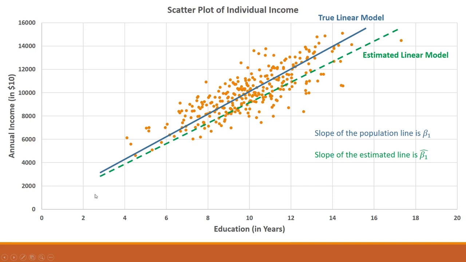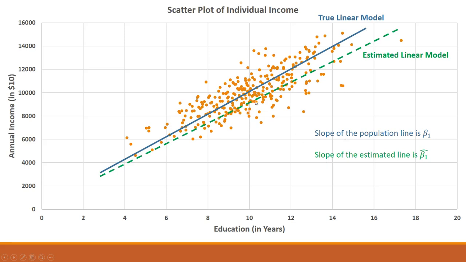All right, so this green line is the estimated linear model, and it's some estimate of the blue one. It's not perfect. It doesn't perfectly match the blue one, but it's some estimate of the true linear relationship.